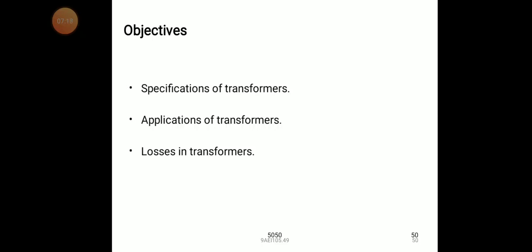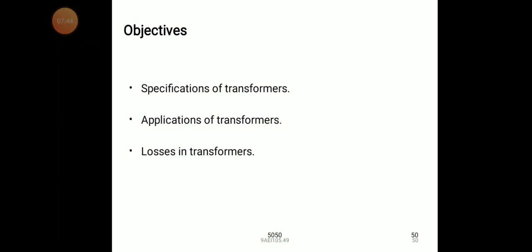Whenever we want to use a transformer, we see the specifications of the different transformers, and the one whose specifications match our application will be chosen, so that we can minimize the cost and also minimize the losses of our application.